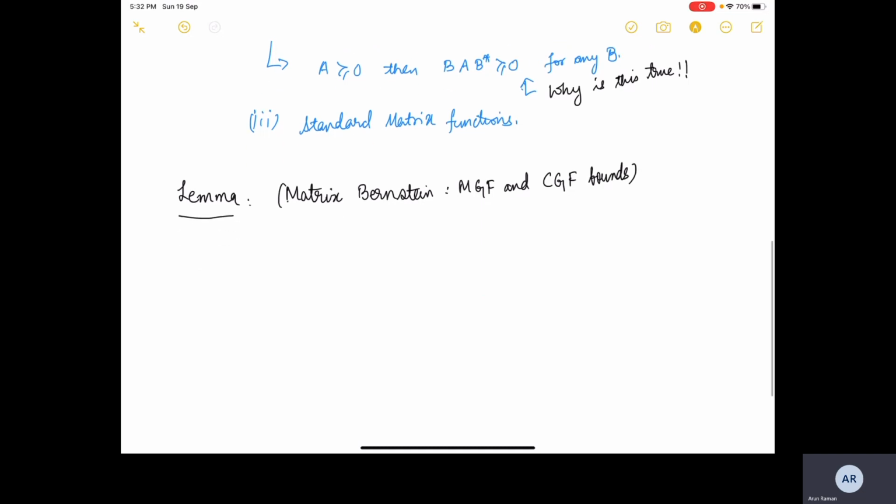Okay. So what this says is that let X be a random Hermitian matrix.